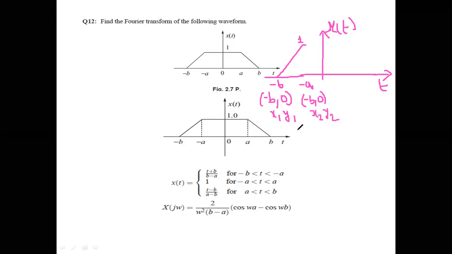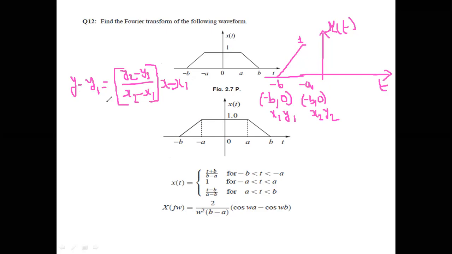So I am using these 2 points, and you have to find the slope in between minus b and minus a. What is the equation? y minus y1 is equal to y2 minus y1 by x2 minus x1, whole multiplied with x minus x1. Okay, my dear students, this is the line equation we know.